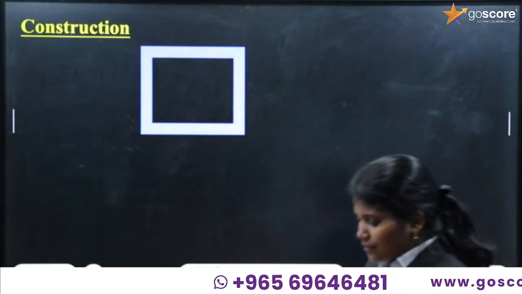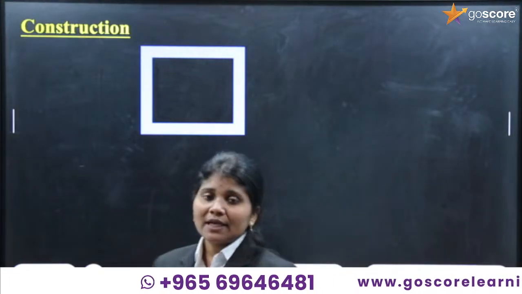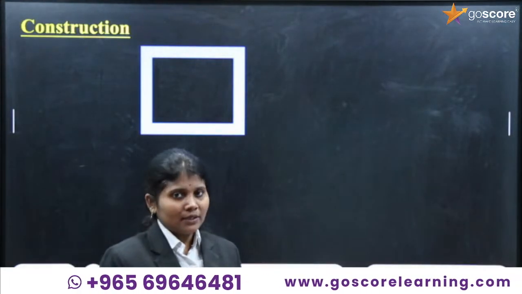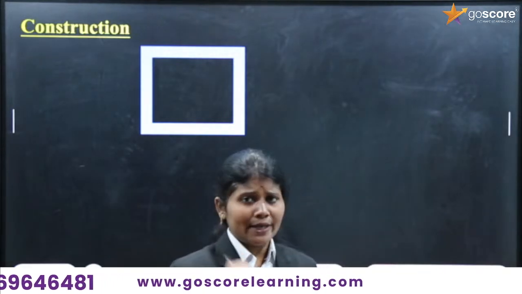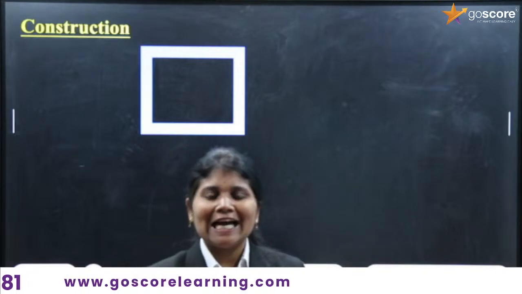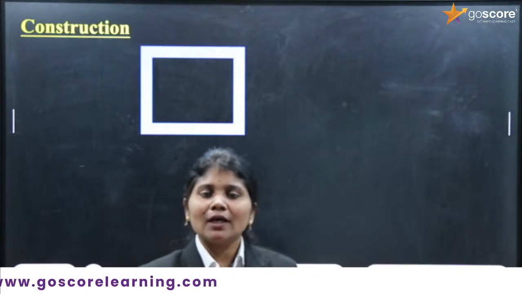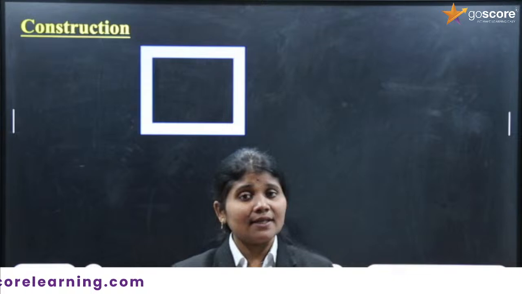Then what is the construction of the step up transformer and step down transformer? First of all, for a transformer, there are two coils: primary coil and secondary coil. How many coil windings are there, guys?